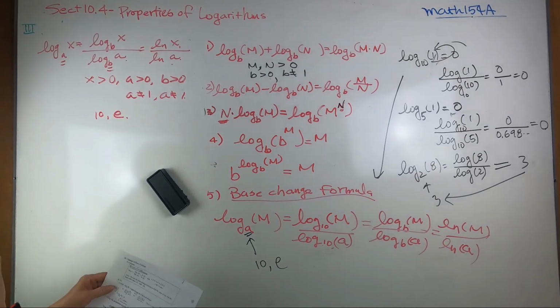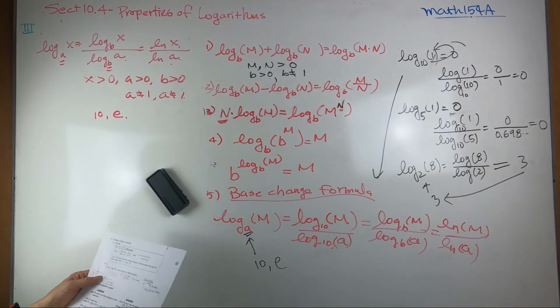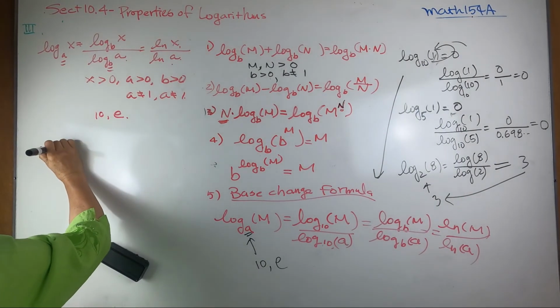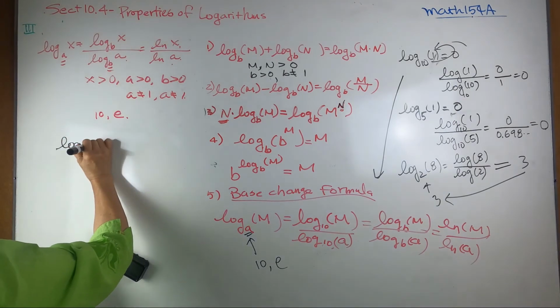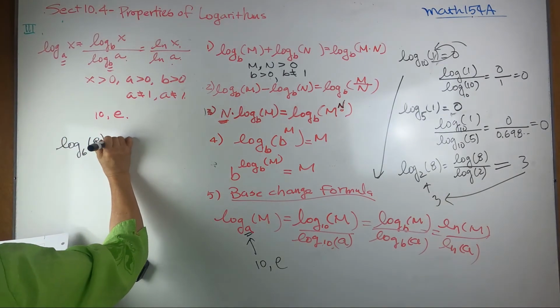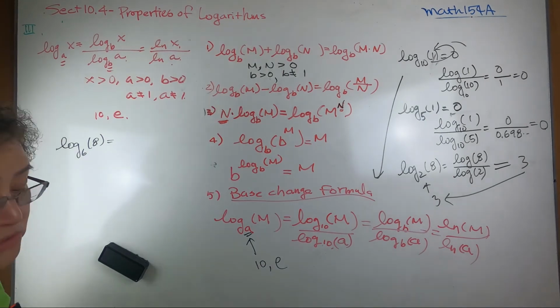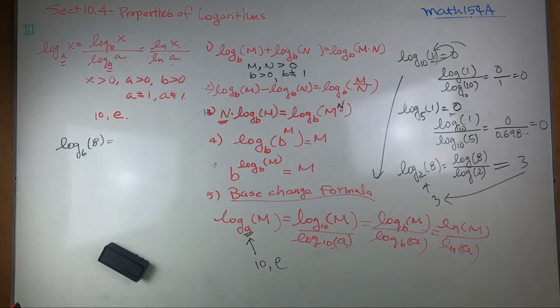So on your exam, if we ask you to find log base 6 of 8, okay? As for your homework, usually you use all the decimal points, then you just round at the end.